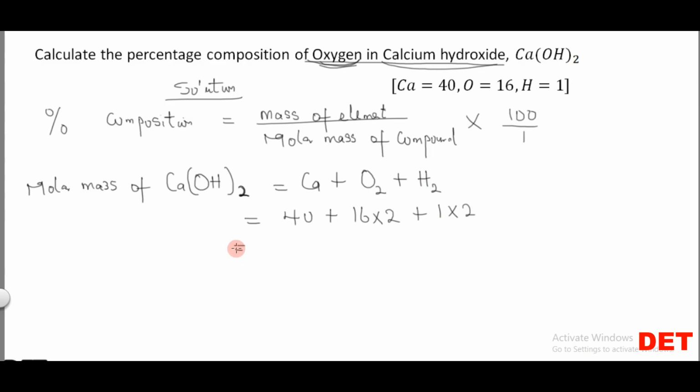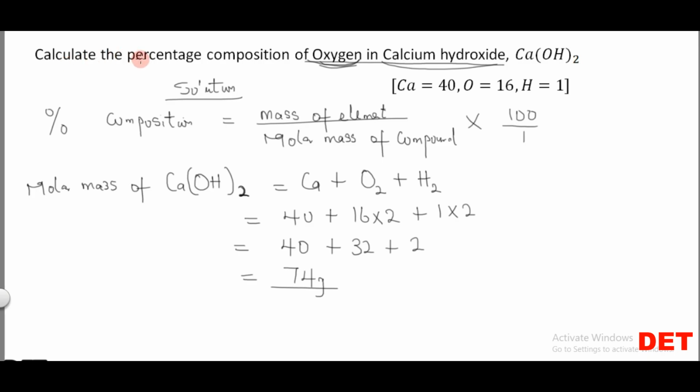So this will be 40 plus 32 plus 2, and that will be 74 grams. This is the molar mass of calcium hydroxide.